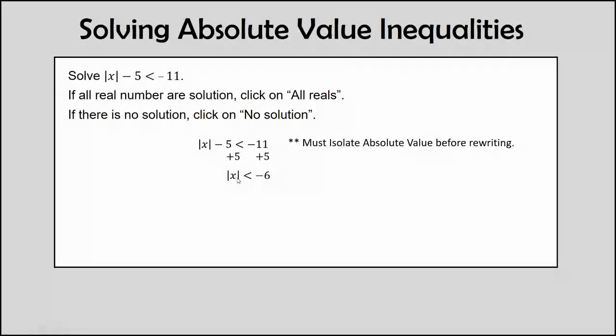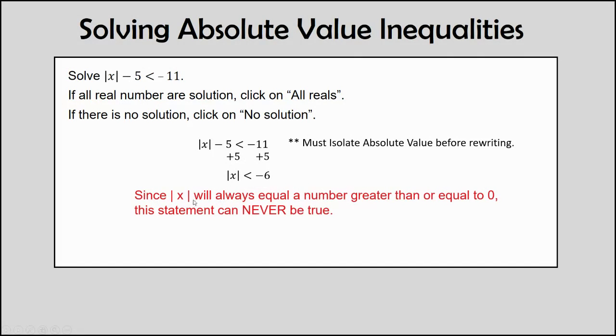Distance is always positive or 0. So as you analyze this, since the absolute value of x will always equal a number greater than or equal to 0, this statement can never be true. Never will a positive number be less than negative 6. So it doesn't matter what number you put in here, this can never be true. So the answer is there's no solution.